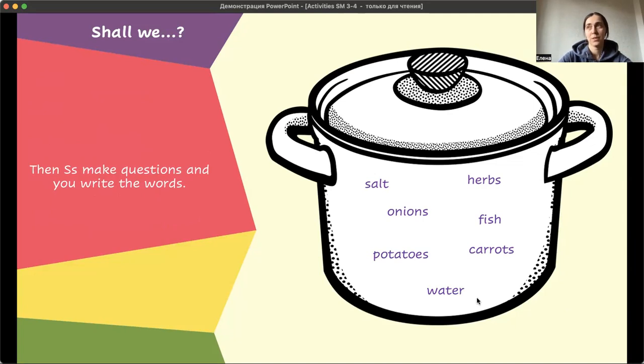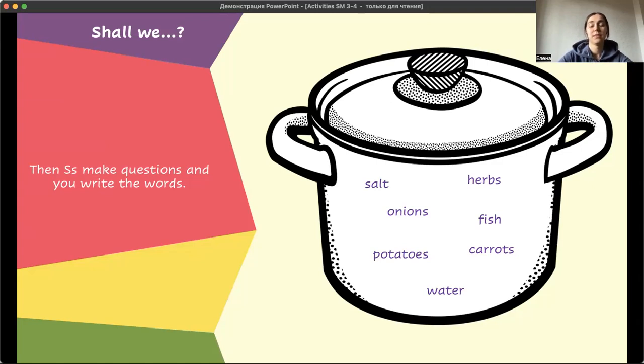And when we finish our soup, we can revise there are constructions and say, for example, there are some onions, there is some fish, and so on. So we completed our task.